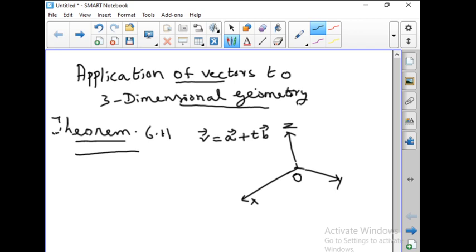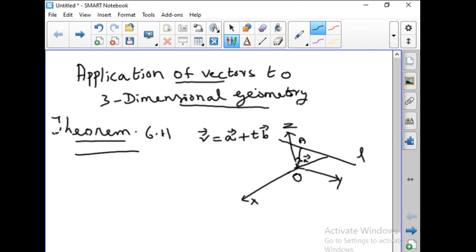Consider a straight line L. A is a point on the line and the vector OA is equal to the vector a, and P is a point on the line with position vector r.